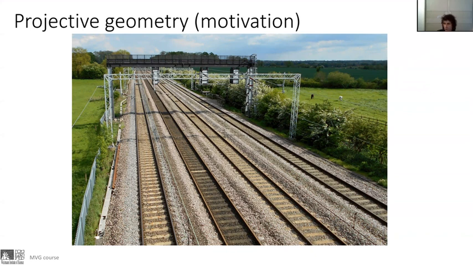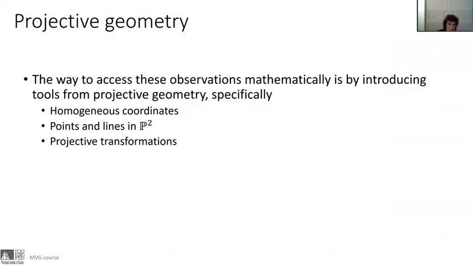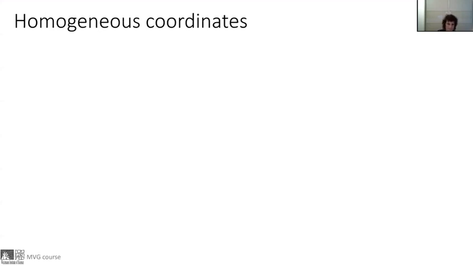Can this also be formulated mathematically? So the idea is that the way to access this observation mathematically is by introducing tools from projective geometry. Specifically, we are going to cover the idea of homogeneous coordinates of points and lines in the projective space P2. And we'll also cover the idea of projective transformation, okay?